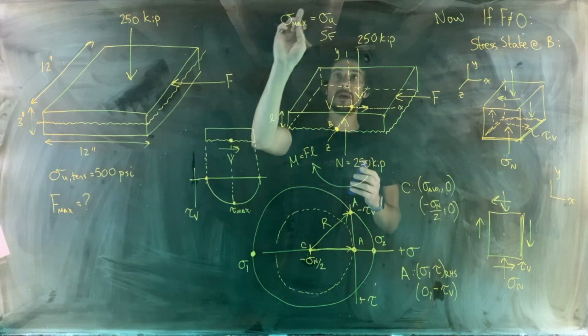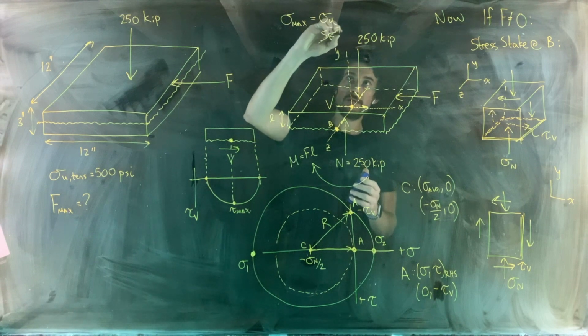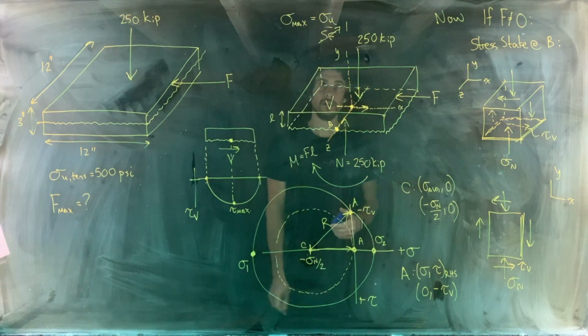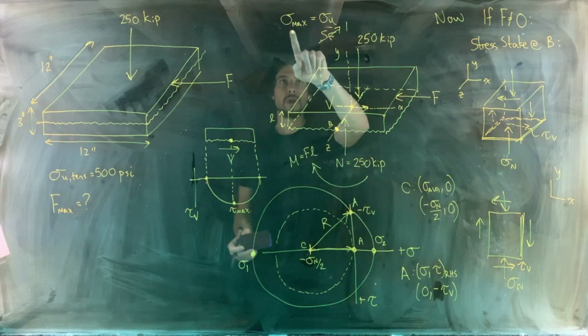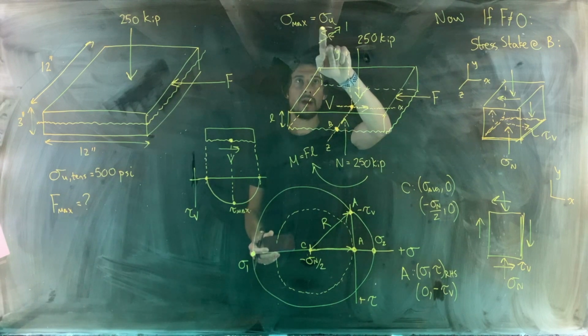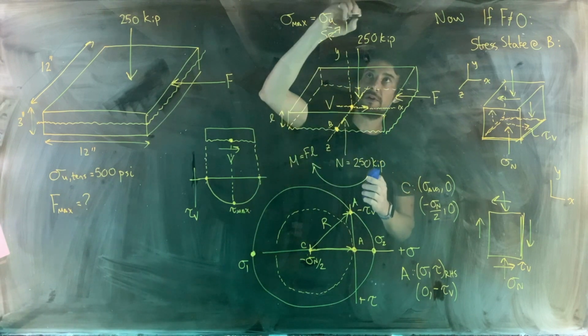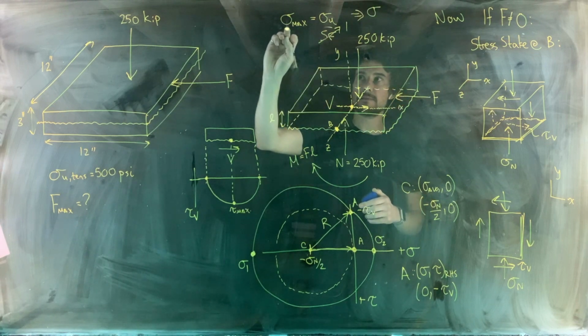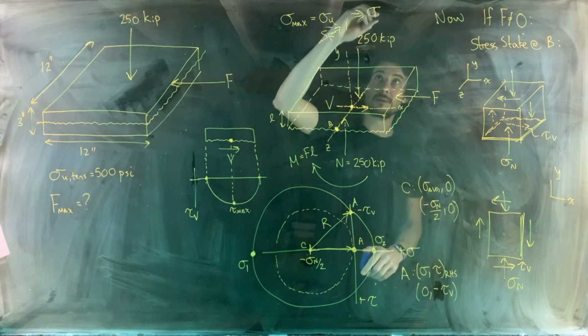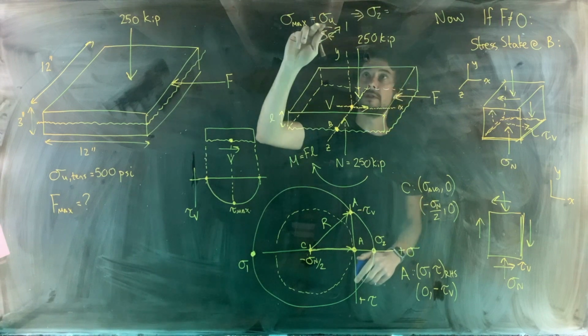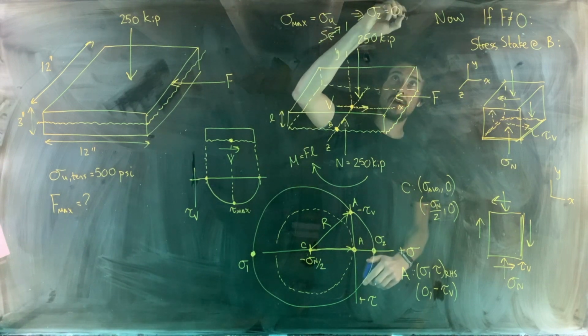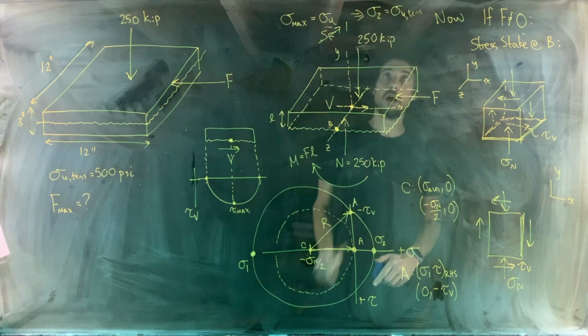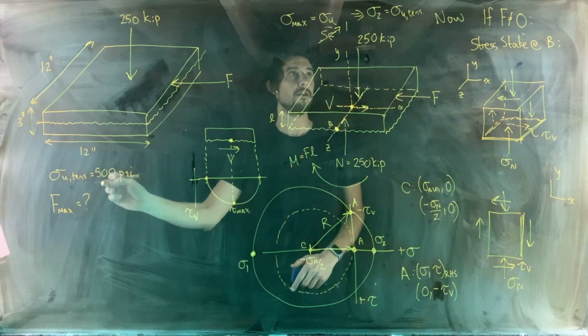All right, so now what we want to do to actually answer the problem, right? Here we're going to be applying this, but with a safety factor of 1 in this case. So we want to be comparing the maximum tensile stress, which is sigma 2, to the ultimate strength in tension of the material, which is our 500 psi.